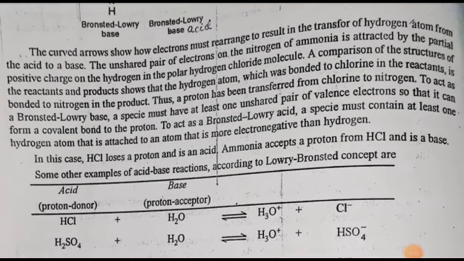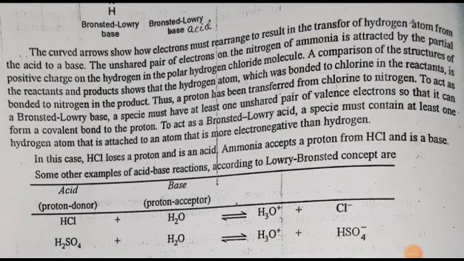The curved arrows show how electrons must rearrange to result in the transfer of a hydrogen atom from the acid to a base. The unshared pair of electrons on the nitrogen of ammonia is attracted by the partial positive charge on the hydrogen atom in the polar hydrogen chloride molecule. A comparison of the structures of the reactants and products shows that the hydrogen atom which was bonded to chlorine in the reactants is bonded to nitrogen in the product.